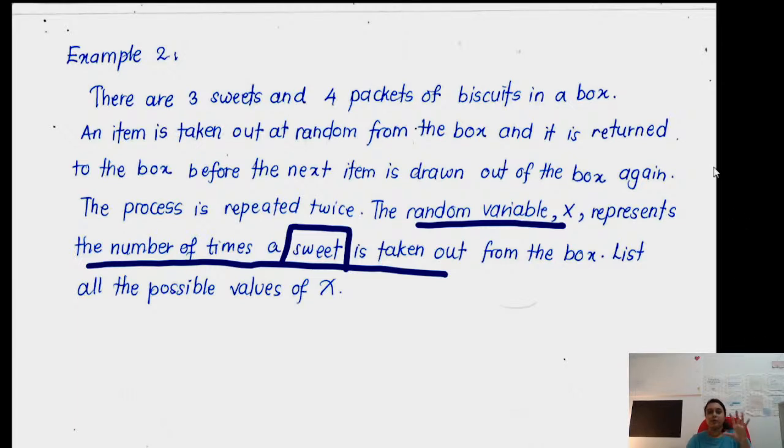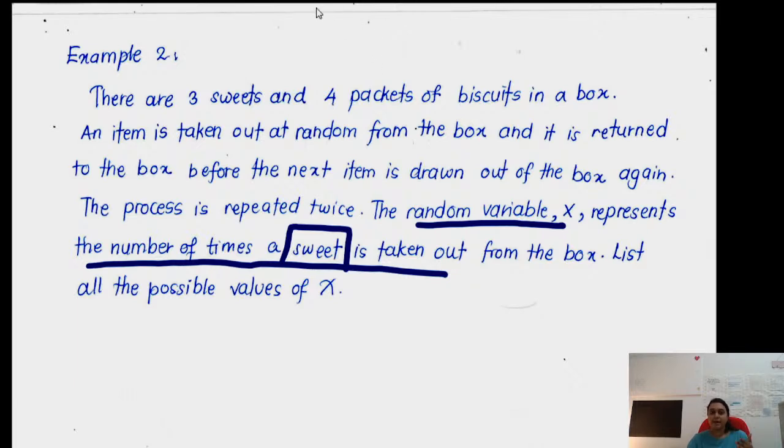Now we have how many sweets here? 3 sweets, and 4 biscuits, and each time they take out, for example, teacher take out sweets ready means out ready means. The next one, when teacher is taking out, I put back the sweet in, then only I choose back the sweets or biscuit.